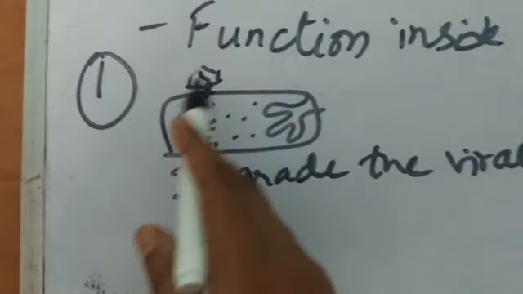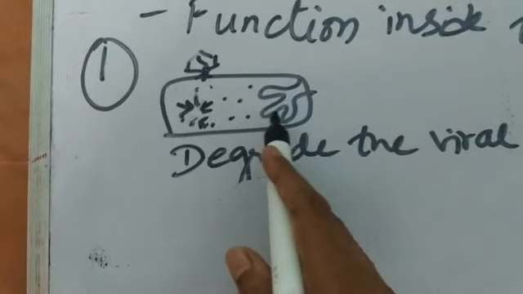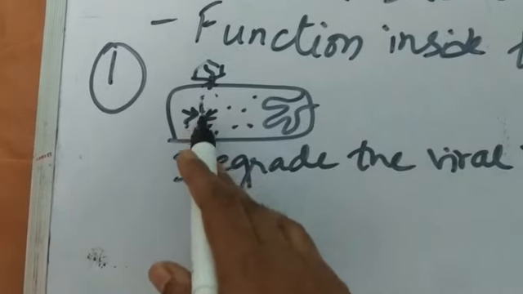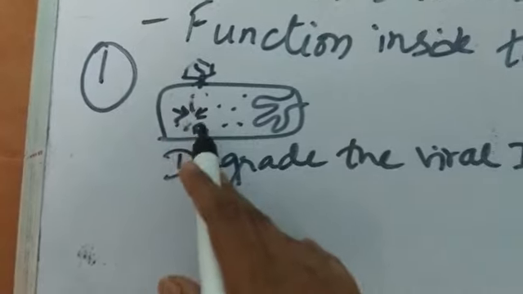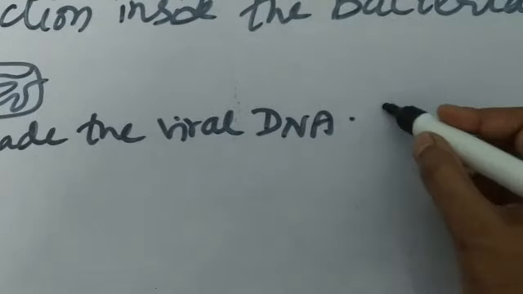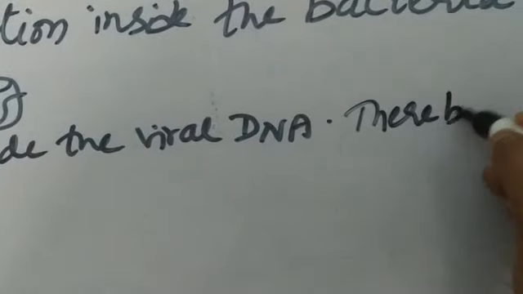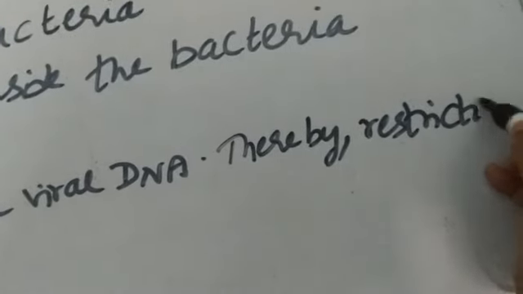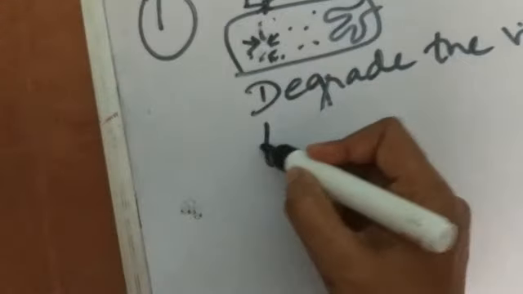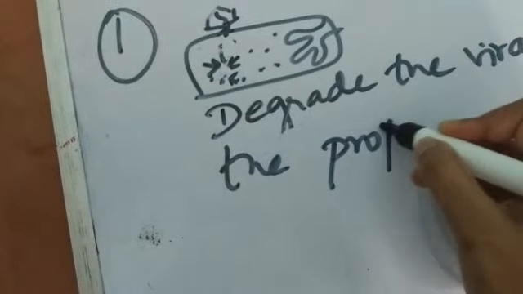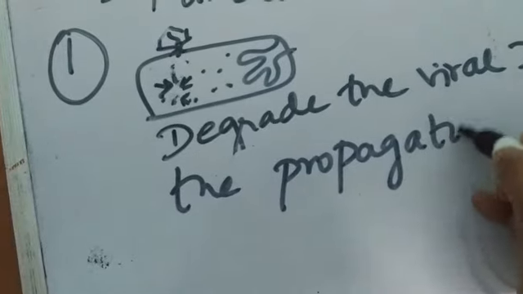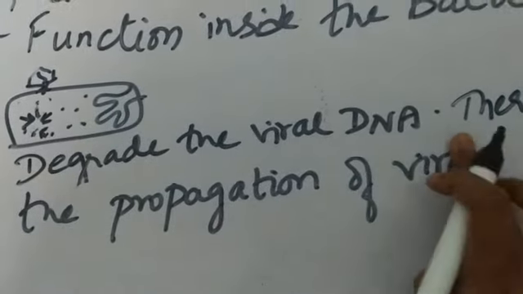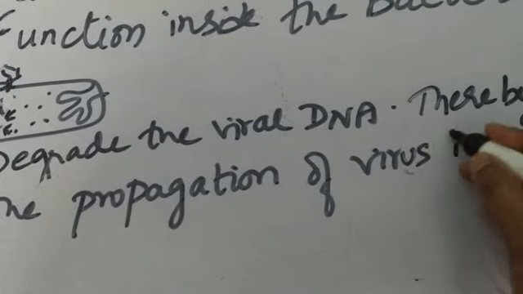This is like a defense mechanism of the bacterial cell. It is producing restriction enzymes which go and degrade this viral DNA. Thereby, what is it doing? It is restricting the entry or the propagation, propagation means division, of virus inside the cell.